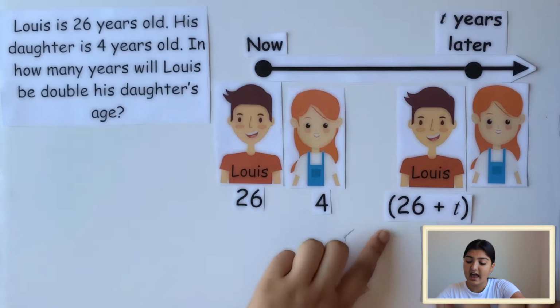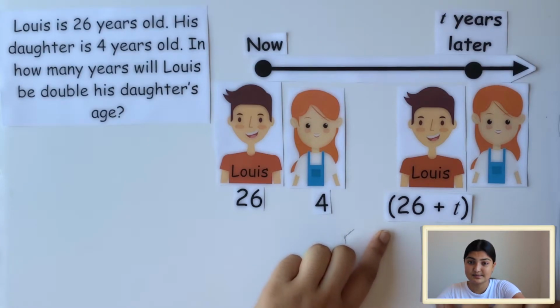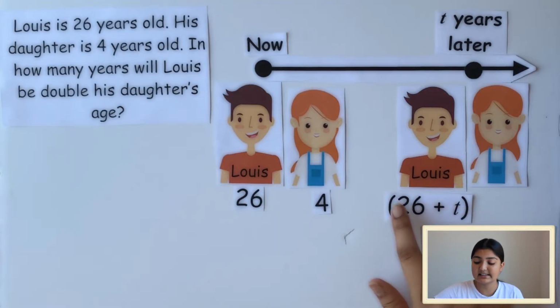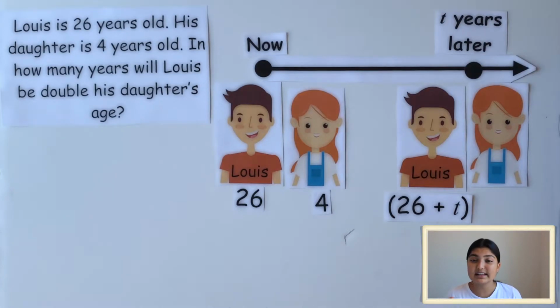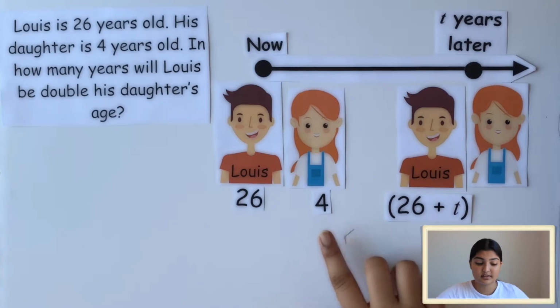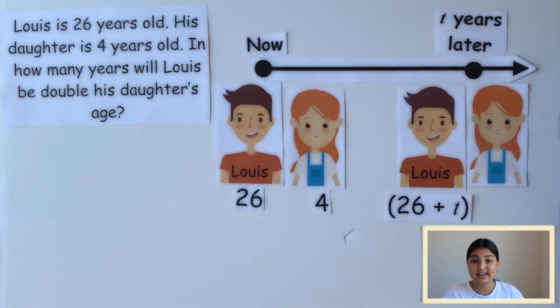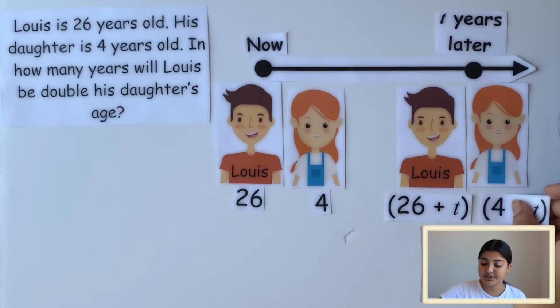Notice how I used parentheses, which tells us to consider this as a single unit, as Louis's age. Now, let's find his daughter's age t years later. Now, his daughter is 4 years old. So t years later, her age is 4 plus t.